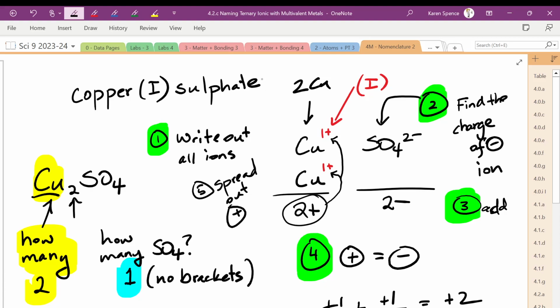And the only thing you need to remember is that there's no mono on the first word. But yes, mono on the second. So no mono on the first word, yes mono on the second word, all of the prefixes on the words.